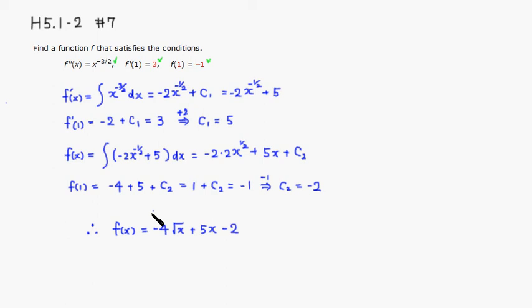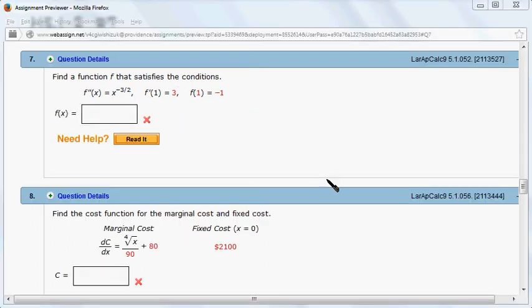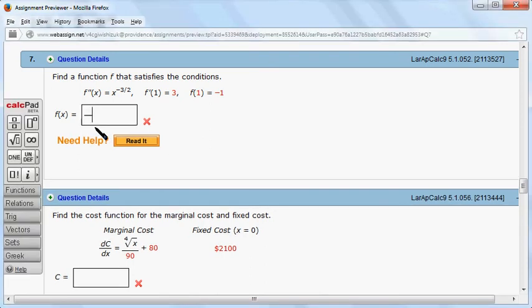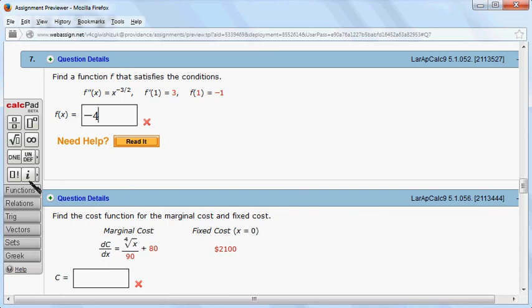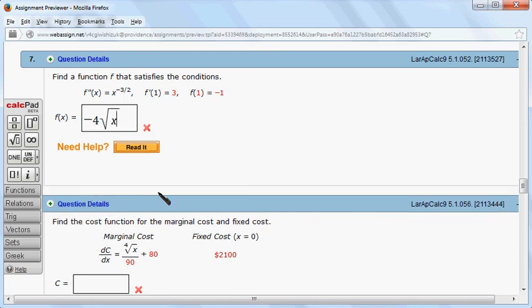This is the function that we are looking for. So let's type it in. The function we found was negative 4 square root of x plus 5x minus 2. So let's check.